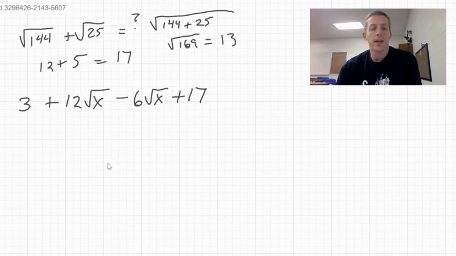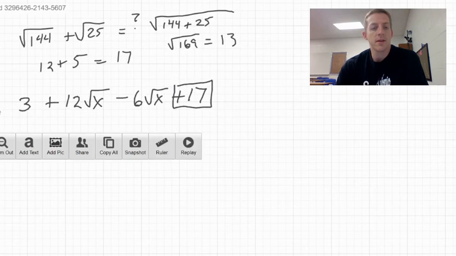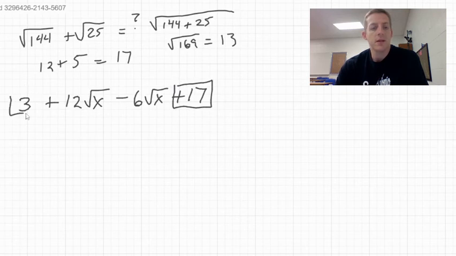Well, just like in anything else we do, we're going to combine like terms. So what do you think it's going to be? Well, let's start off with the constants first. So we're going to add the 17 and 3, and we'll put those back here. Plus, that's a positive 20 because we're going to be adding it.